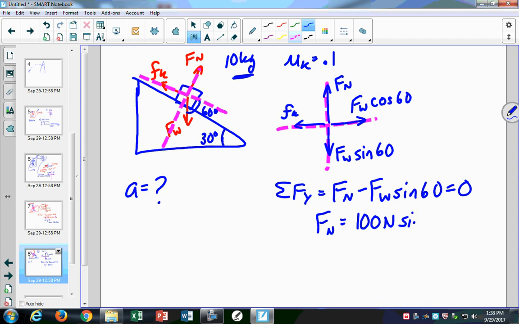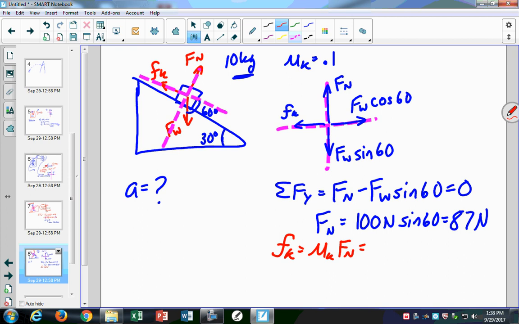All right, so that's 87 newtons. That's the normal force. That allows me now to figure out the kinetic frictional force: mu k times Fn, which is going to be 8.7 newtons.